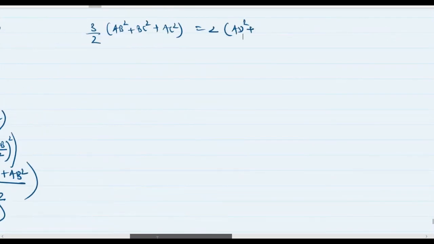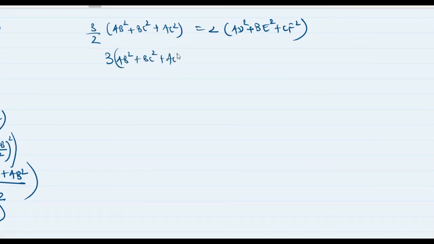AD, BE and CF, right? AD square plus BE square plus CF square. Now just shift this 2 to the other side, so we get 3 AB square plus BC square plus AC square is equal to 2 2s are 4 AD square plus BE square plus CF square.